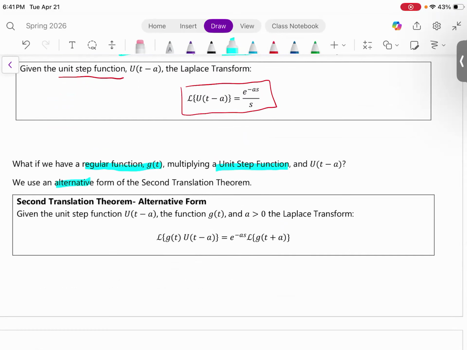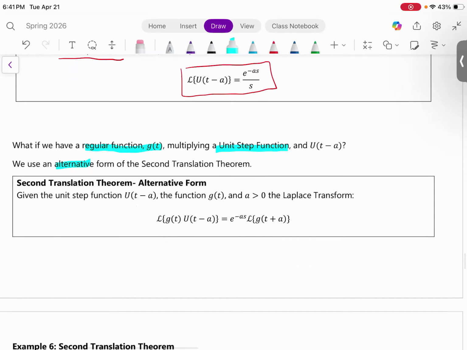This is where the alternative form comes in. So second translation theorem, alternative form, we have a unit step function multiplying a regular function g of t. So the Laplace of that is going to be e to the negative as times the Laplace of g of t plus a.